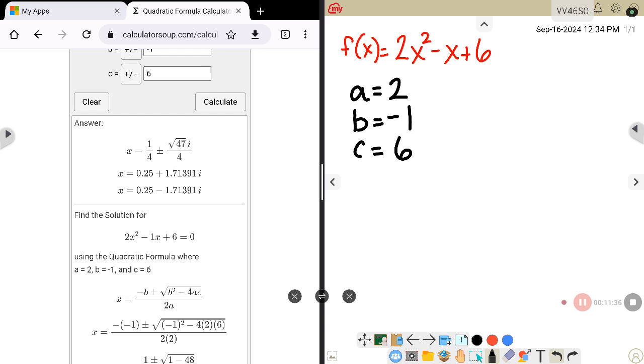So when I enter, you'll notice that both denominators are 4s. So I'm just going to do 1 plus or minus. Now you see that the i comes after the square root of 47. I am actually going to, when I enter this, put that i, just using the i off your keyboard, in front of the square root of 47.